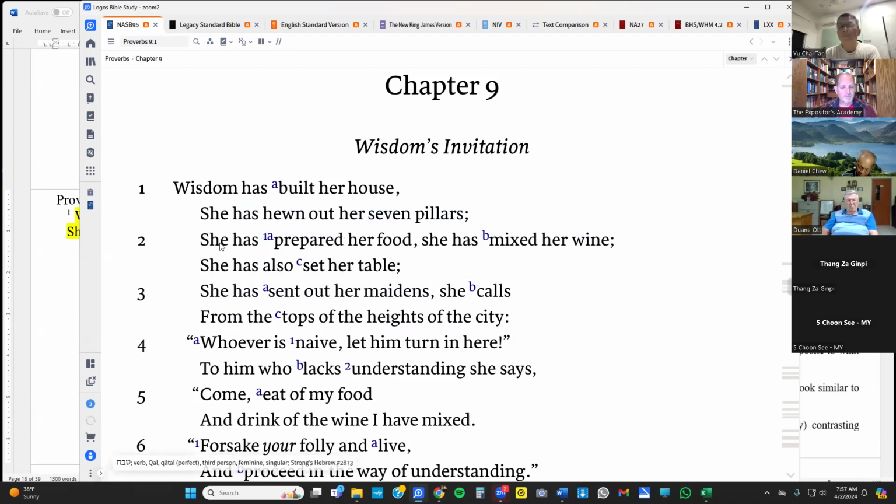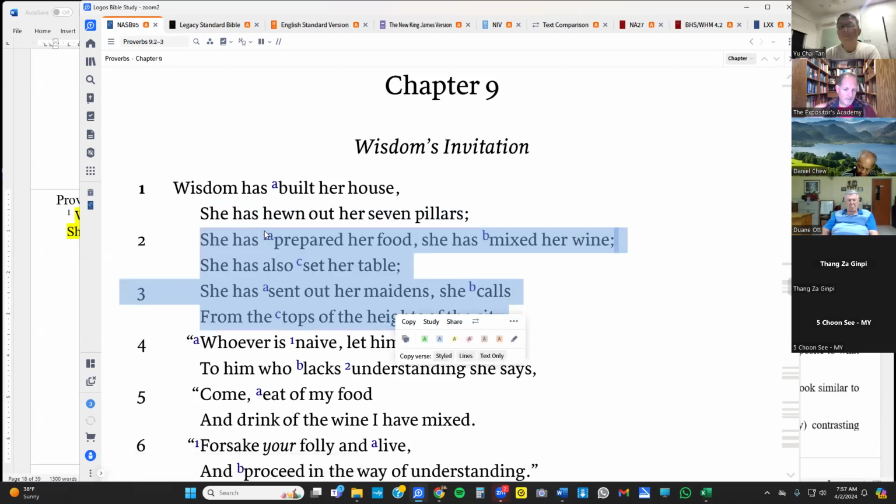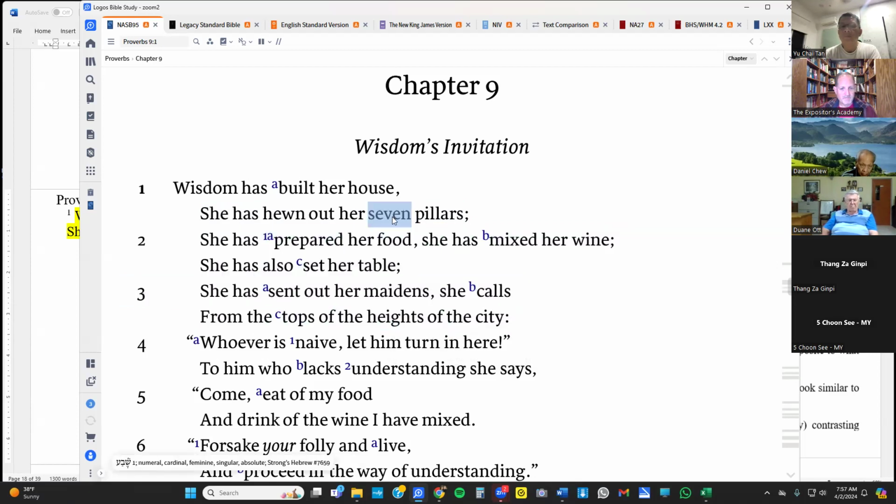But that would only be so knowing that the number seven is often used, not always, to express an idea of completion.